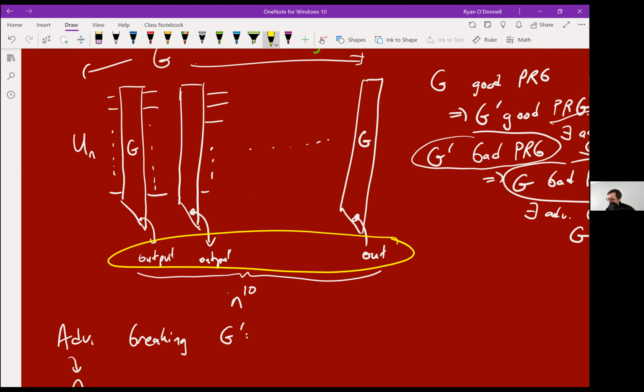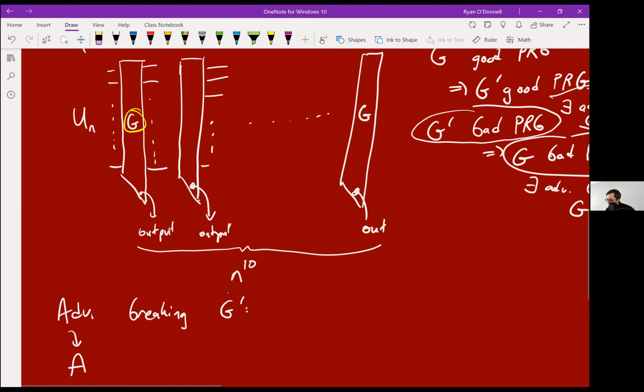Now the trouble is there are many ways that can happen. And what do we have to deduce? There's some other algorithm that can notice that G is a bad PRG, that can look at all these bits and notice that they're not uniform. So for example, maybe we could do a special case. Maybe the adversary A has the property that this first bit is always equal to the last bit.